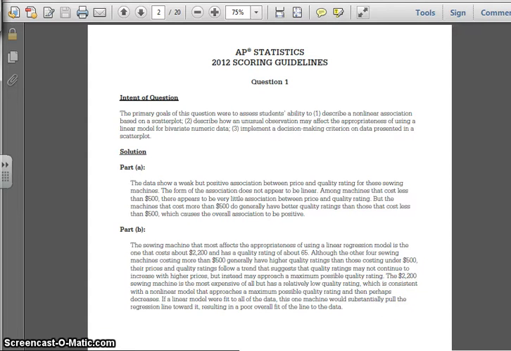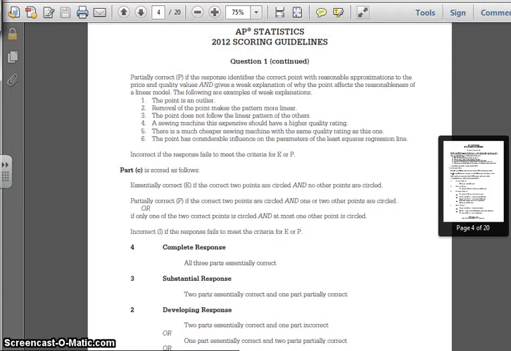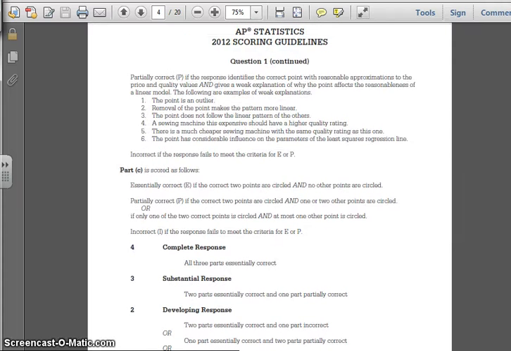So just real quick to look at this rubric about part B. You can't just say that the point is an outlier. You can't just say, these are weak explanations, that removing the point makes the pattern more linear. You can't just say it doesn't follow the linear pattern of the other ones.